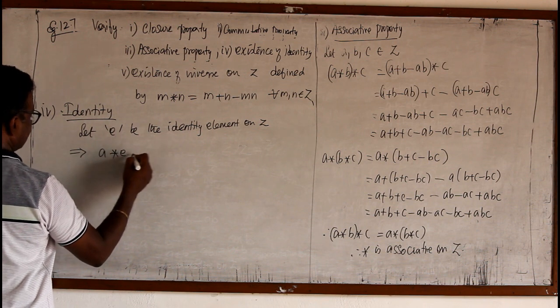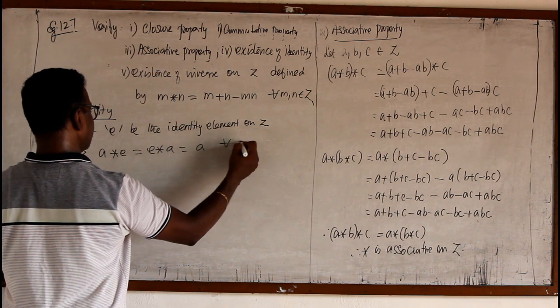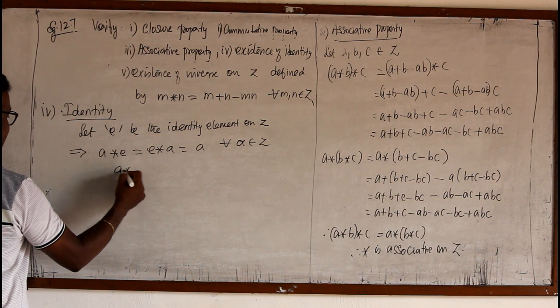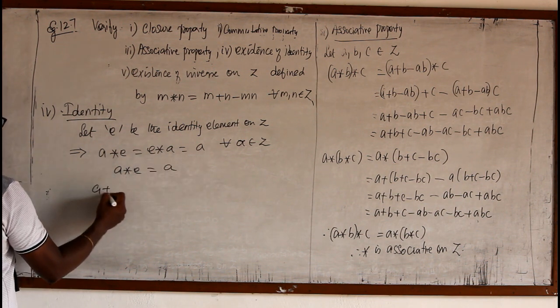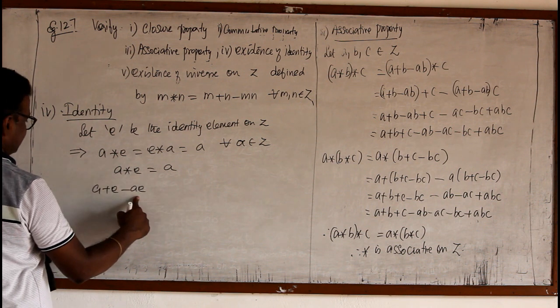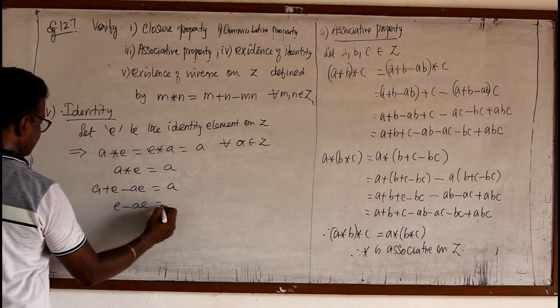Either a star e or e star a, the answer will be a for every a belongs to Z. So it is a star e equals a. As per star, it is a plus e minus ae. I have to add these two, then multiply these two, and then subtract.